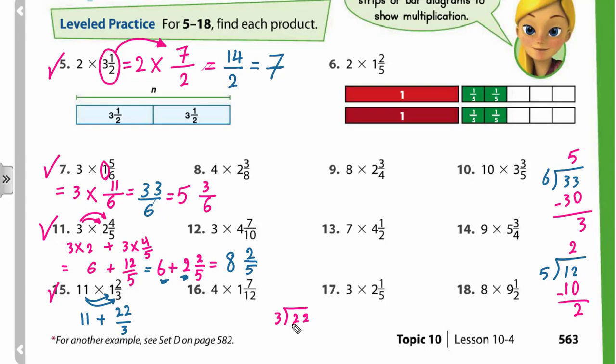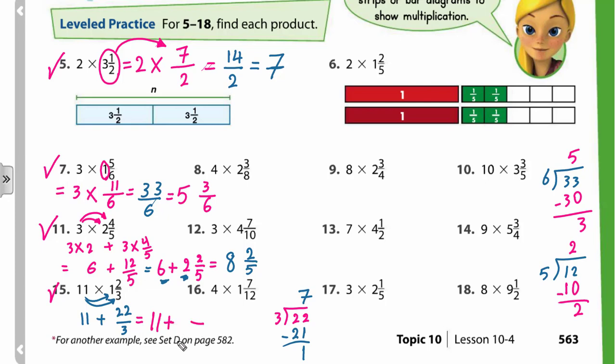It will be 7. 7 times 3 equals 21. Oh, 22 minus 21 equals 1. Okay, so then it will be 11 as it is plus, write this as a mixed number.